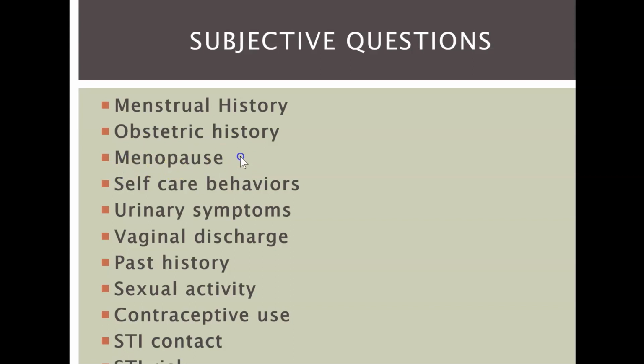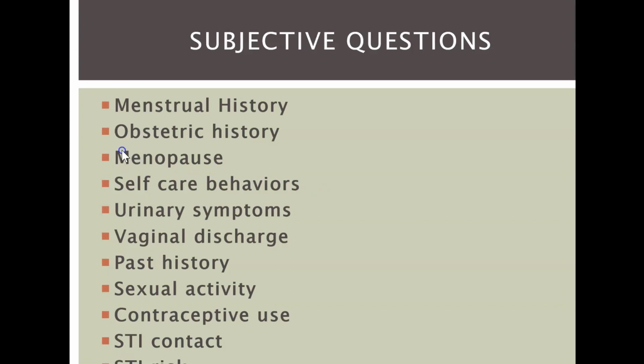Menopause is when they stop having their menstrual cycle, and it can start as early as 40 years old up to 55. When they do that, you do want to know about self-care behaviors because that's very, very important.